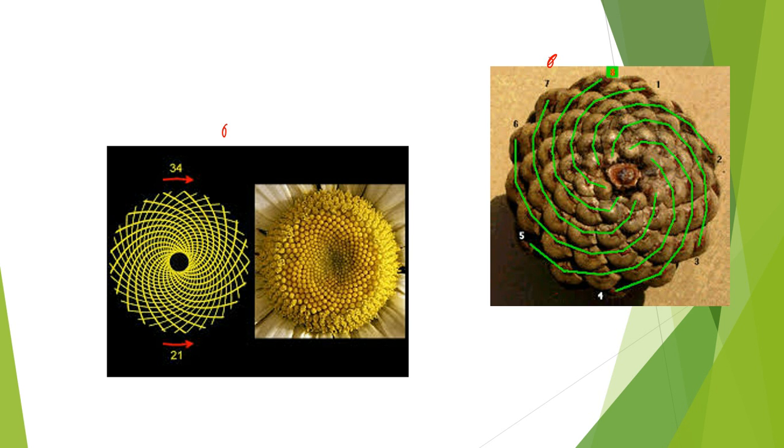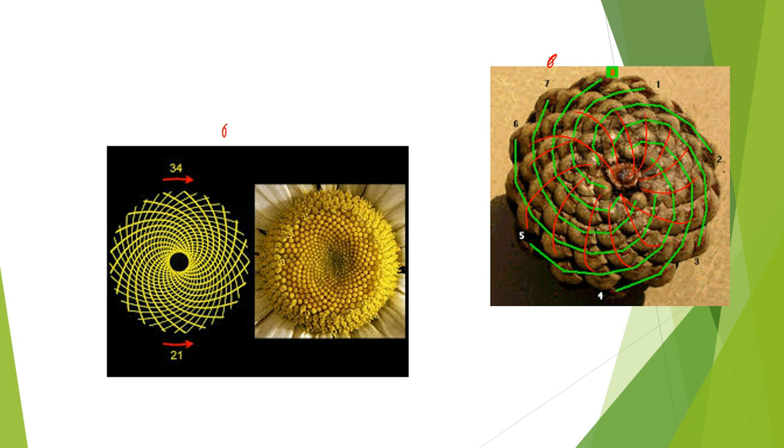Now if we go the other way, 1, 2, 3, 4, 5, 6, 7, 8, 9, 10, 11, 12, 13. Okay, we have 13 spirals going the other way. Well, 13 is another Fibonacci number.